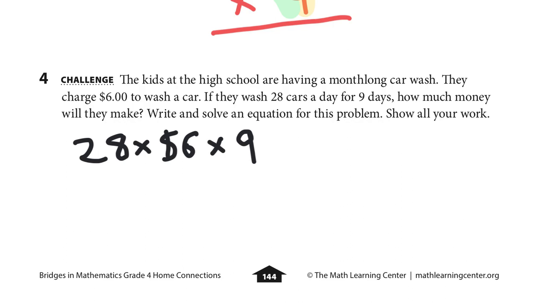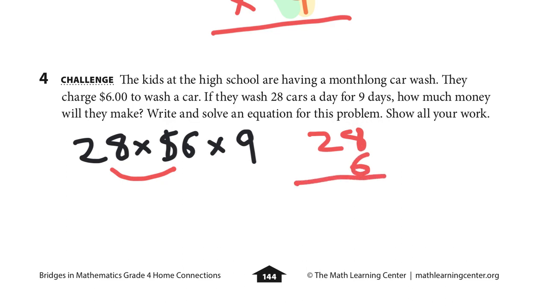The only problem is now you have to use the standard algorithm for double-digit multiplication, and it gets real messy real fast. So don't do that unless you are practiced at it and you feel very comfortable with it. What I would suggest instead is just do your standard algorithm for maybe a 28 times a 6.